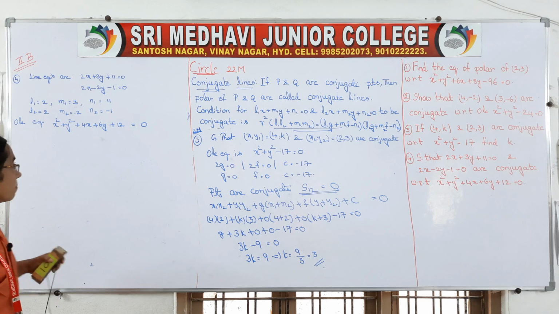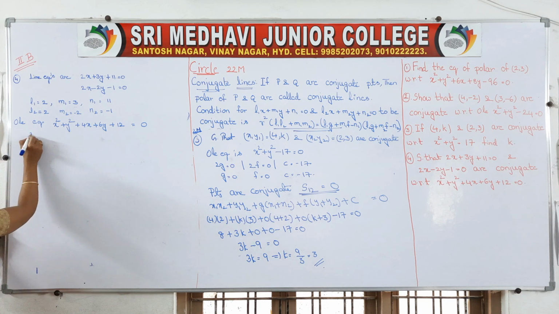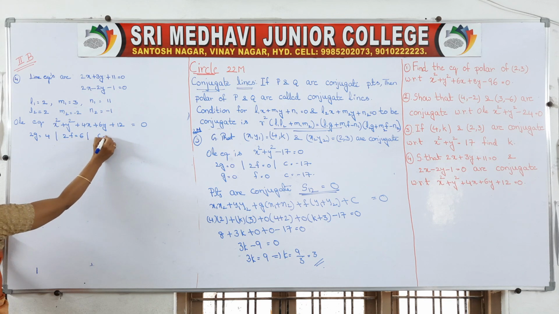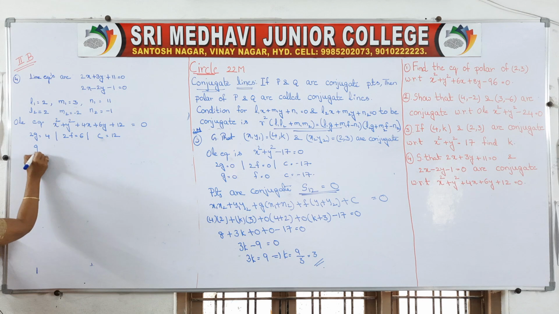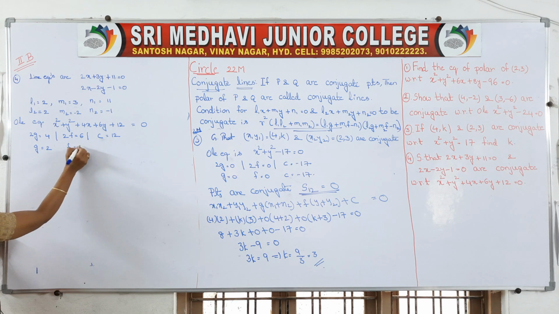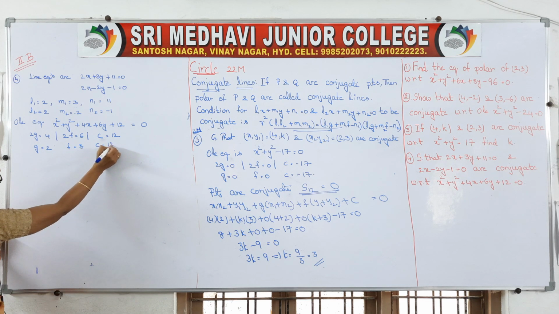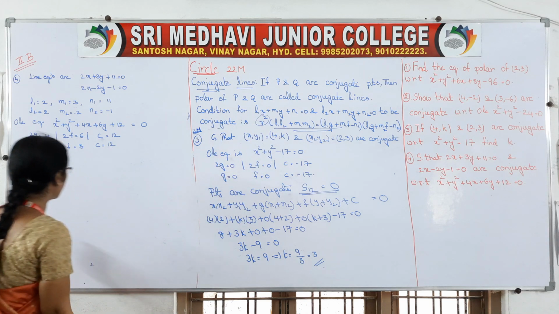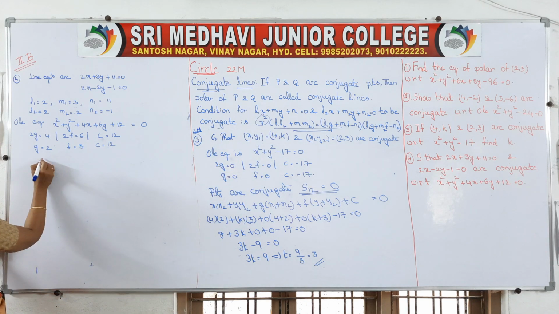Come on, compare it. 2g is equal to 4, 2f is equal to 6 and c is equal to 12, so g is equal to 2, f is equal to 3, c is equal to 12. And in our condition we need the r value.